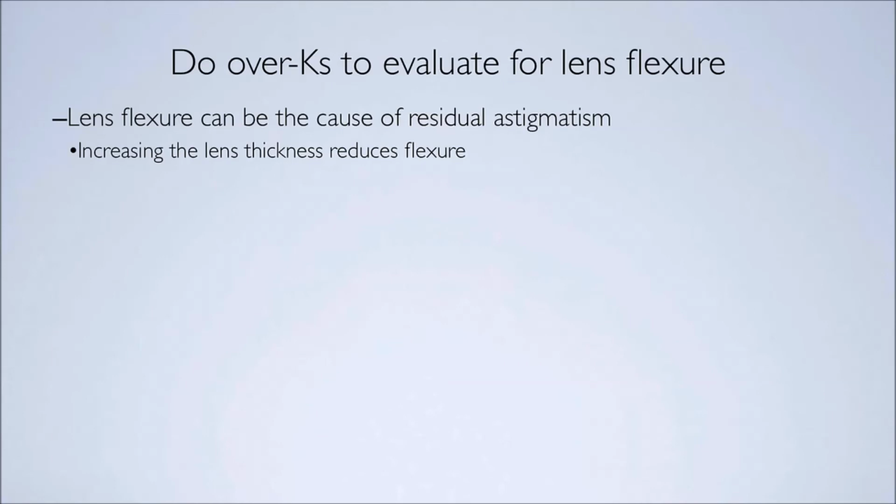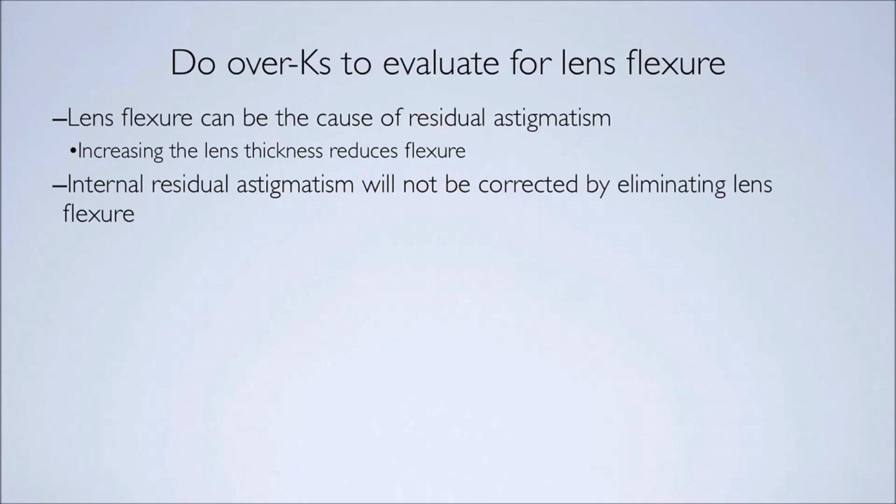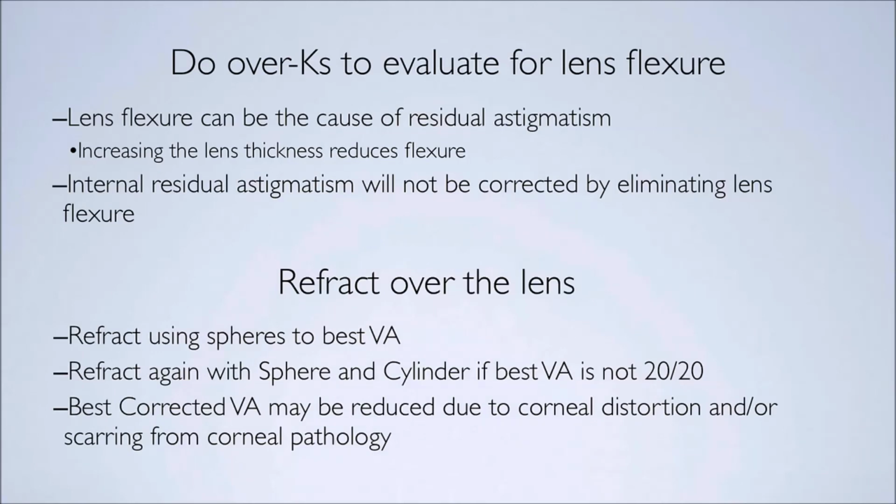Lens flexure might be a cause for not fully getting my astigmatism correction as I'd want from that tear lens, and that can be adjusted by having the laboratory make the lens slightly thicker. I also might have residual internal astigmatism that's not corrected by the tear lens power and not affected by the lens flexure.